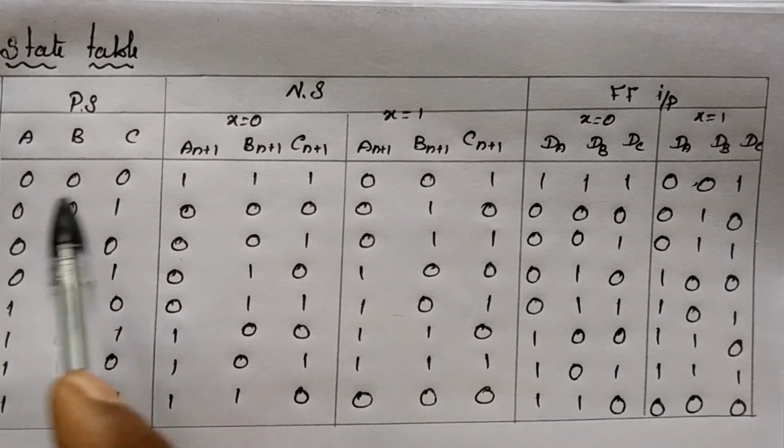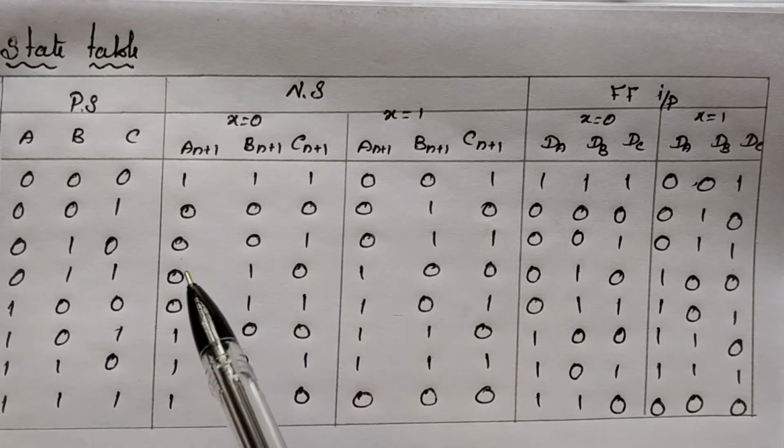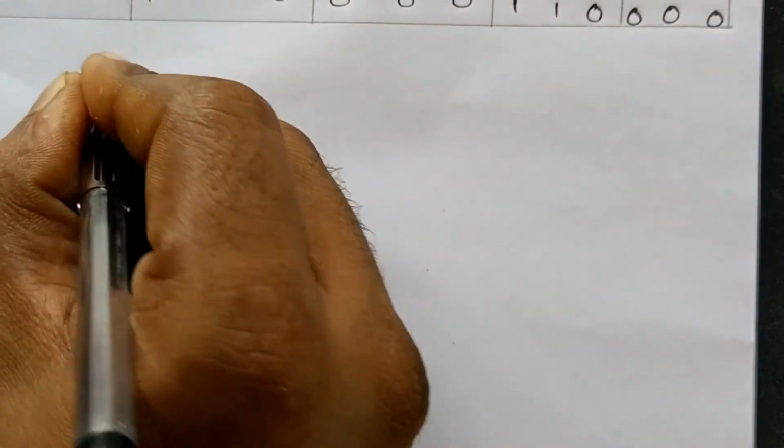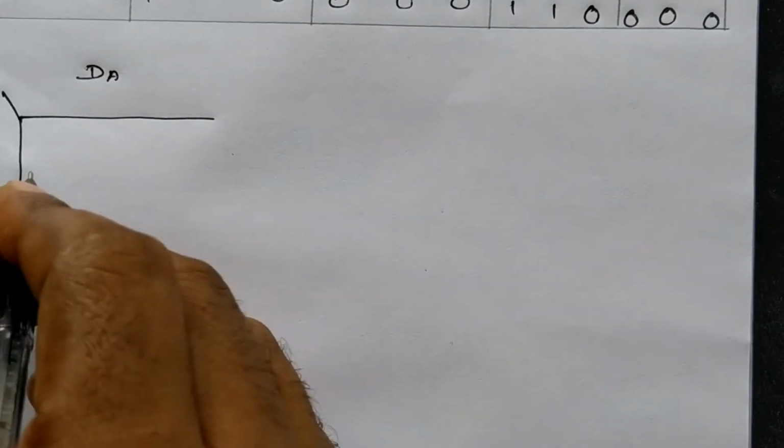Here we are having 3 present states as well as 1 input. Therefore we need to go for a 4 variable K-map. So for dA, here it's a 4 variable K-map.